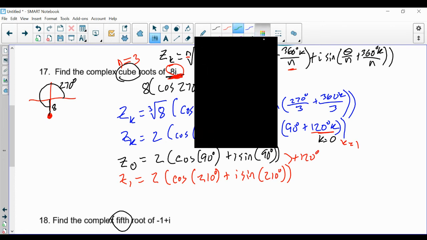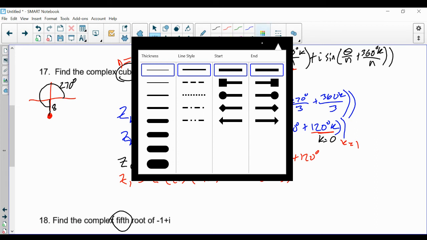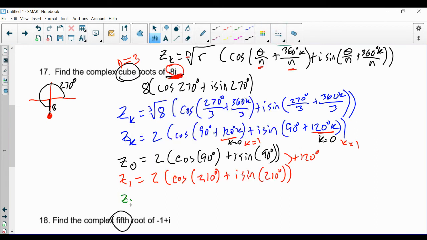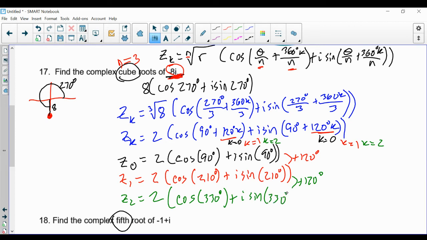So with that in mind, for the next one, when I do z sub 2, still 2 in the front, but now for my answer, I can either substitute 2 in for k, which is 100% correct, or I can just realize, oh, if I add another 120 to the previous angle, I get 330 degrees plus i sine of 330 degrees.